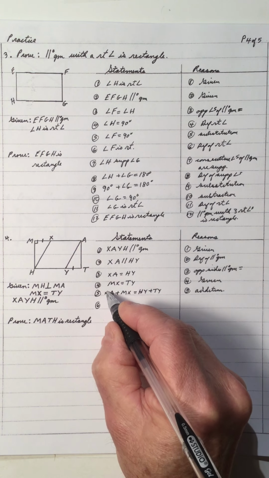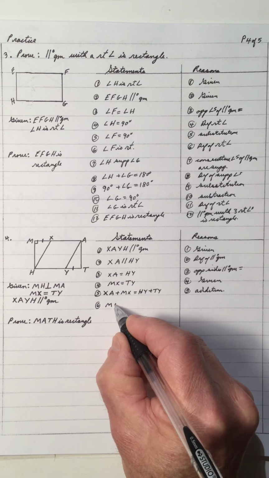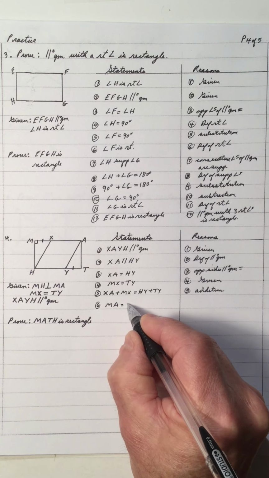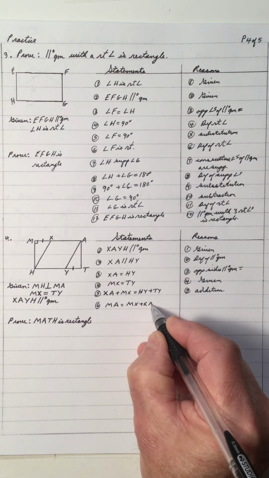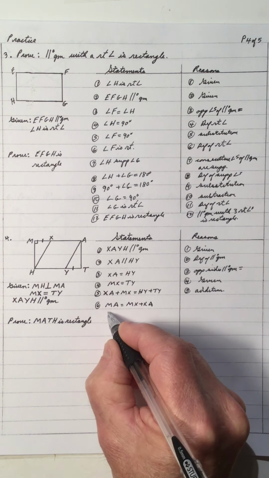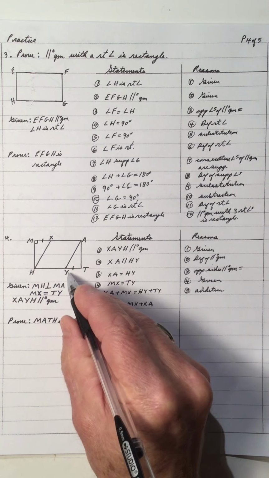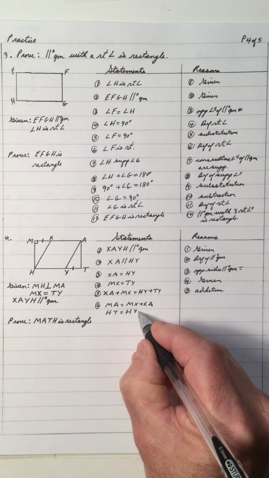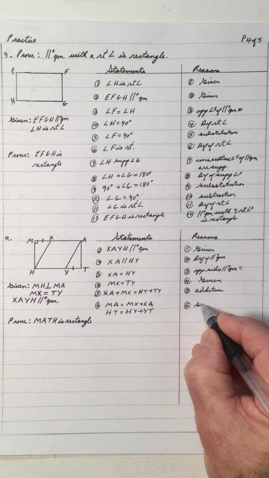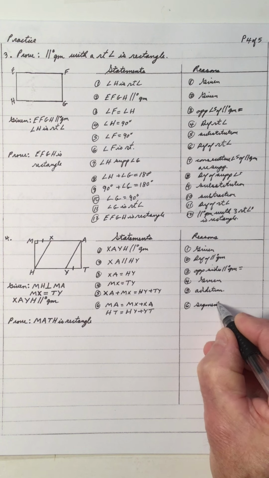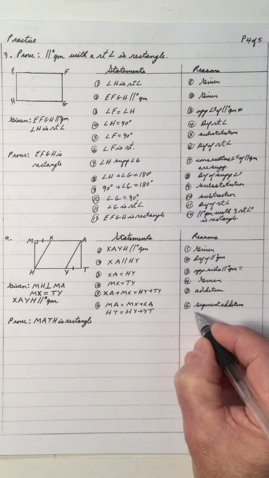And now we know that MA is equal to MX plus XA, and that HT is equal to HY plus YT, and that's the segment addition property.